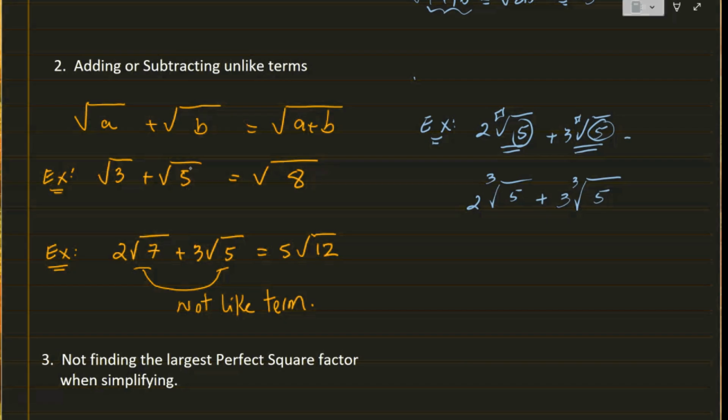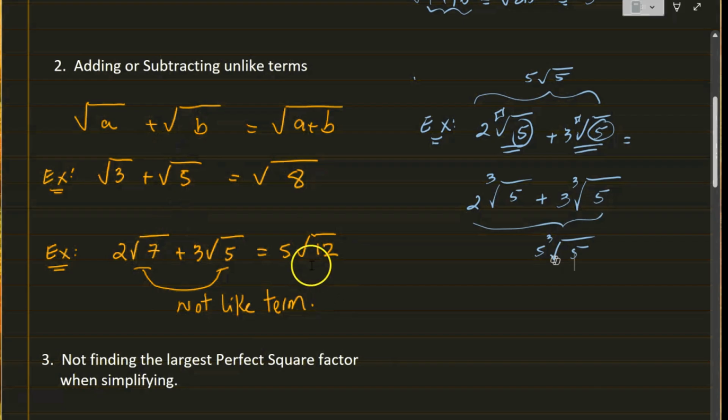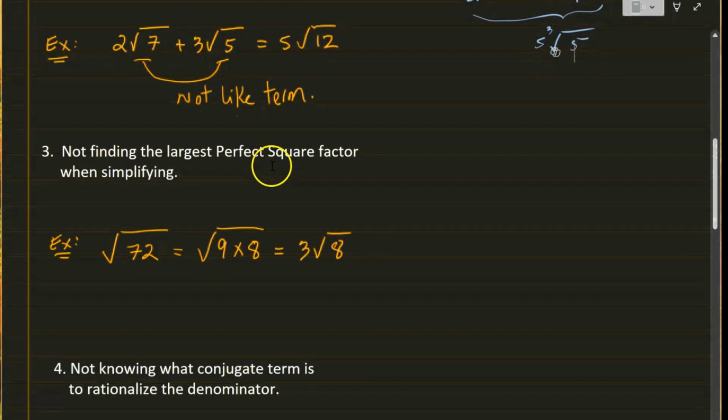So the top one, yes, becomes 5 root 5, and the bottom becomes 5 cube root of 5. That is okay. But number 2 on this side, the red, is not okay because you cannot add unlike terms. Excellent. Let's move on to the next one.